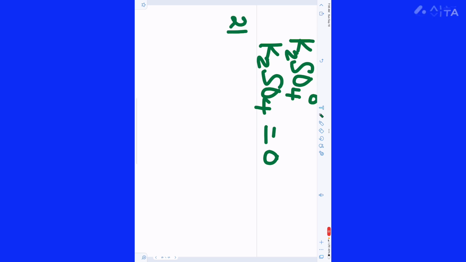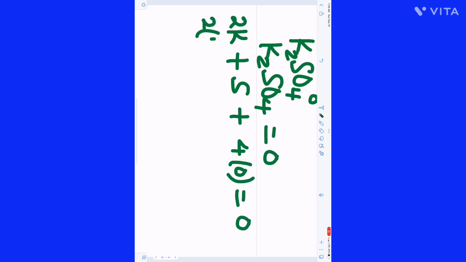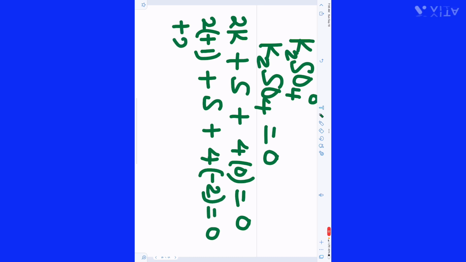This means if you put the charge of the two potassium ions together with that of the sulfur and that of the 4 oxygen ions, your total answer should be 0. Potassium is a group 1 element. Its oxidation number is plus 1. So 2 times plus 1, 4 times minus 2 is 0. Plus 2 plus S minus 8 is 0.